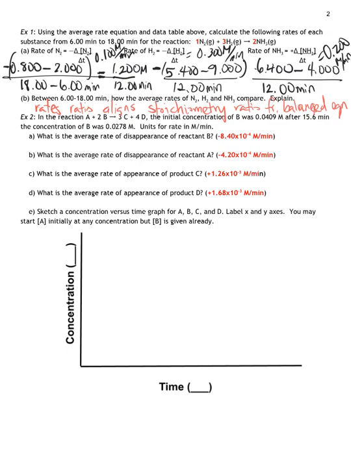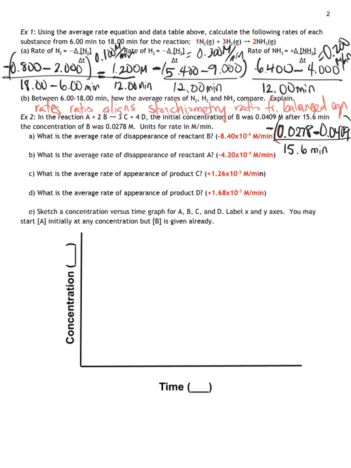Now, the disappearance of B, reactant B. So when we do that, we just take the difference. Once again, it's the change in the concentration, and it looks like the change in the concentration is 0.0278, and it's a negative because it's disappearing, divided by 15.6 minutes.